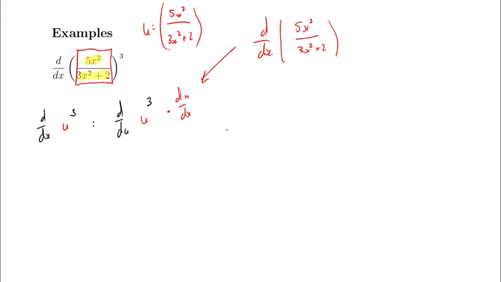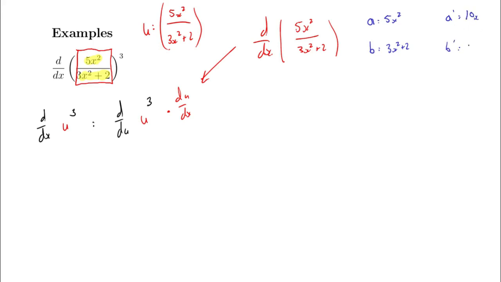If you feel like you can work through this on your own, pause this video and go for it, but I'm going to start setting up my quotient rule. I know this part's going to be 3u squared, but over here, I'll call these a and b because I'm already using u. So a, my numerator, is 5x squared, and b, my denominator, is 3x squared plus 2. A prime, then, this is really dA over dx. That's 10x.